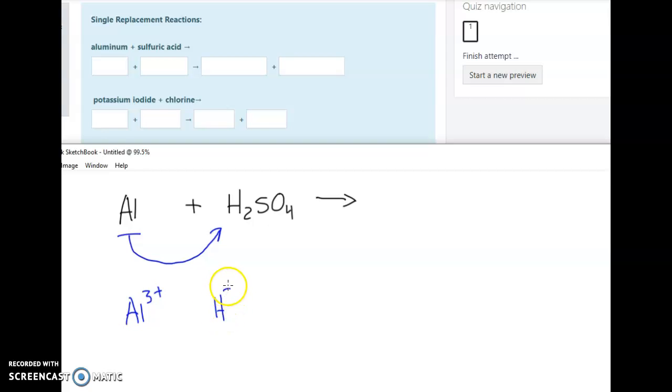And again, very important that once you see a name, you try to break it apart into its ions. The aluminum will actually replace the hydrogen because the hydrogen and aluminum have the same charge. On this side of the arrow, aluminum will be reacting with sulfate, and hydrogen will be kicked to the curb.